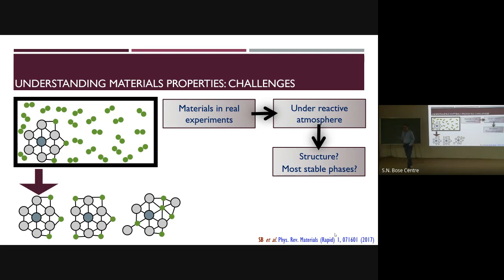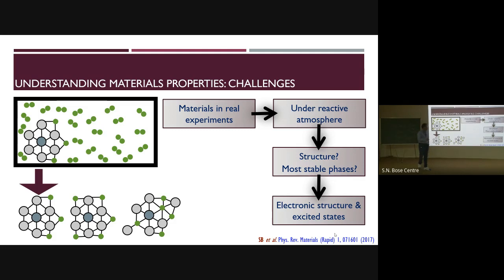That's kind of the defects, or there are many things like defects or interstitials. So the first and important part, once you try to understand a material's properties, is what is the structure, and then after knowing the structure, what are the most stable phases? If you know very clearly what the structures and the most stable phases are, only then does it make sense to understand the electronic structure, the excited state and other things.